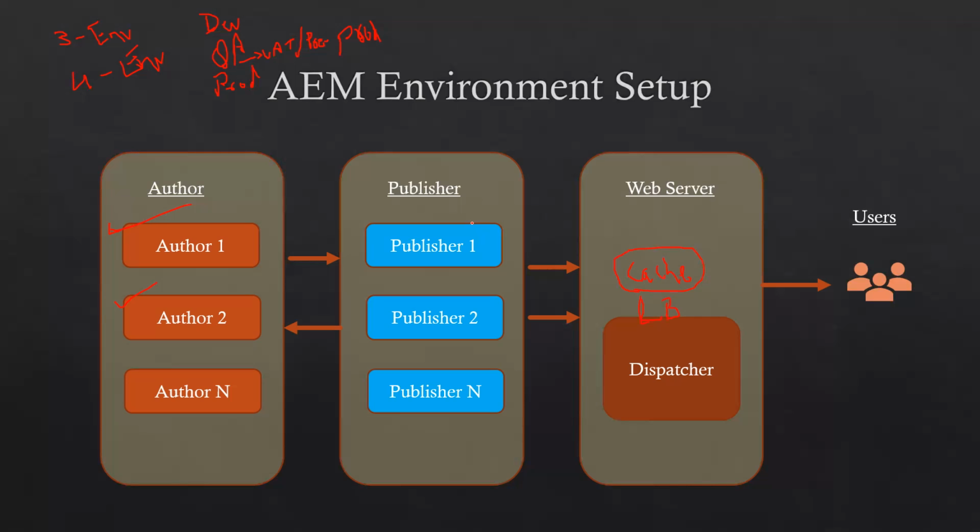So as you know, any server that we have has a specific capacity to handle some data, right? So let's say I have 3 publishers in my production environment, and each publisher has the capacity to handle 500 requests at a particular moment of time.